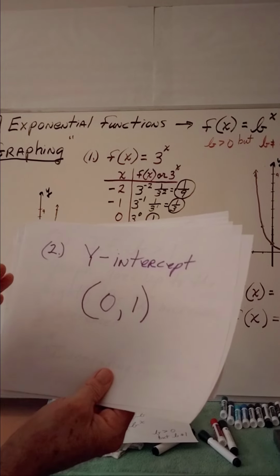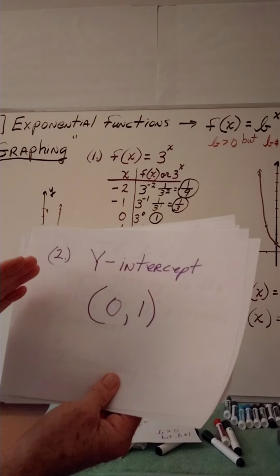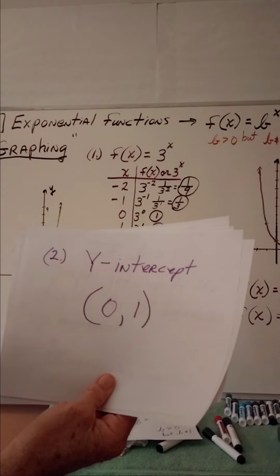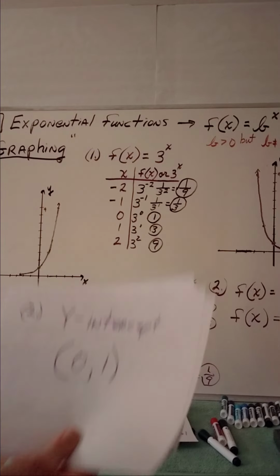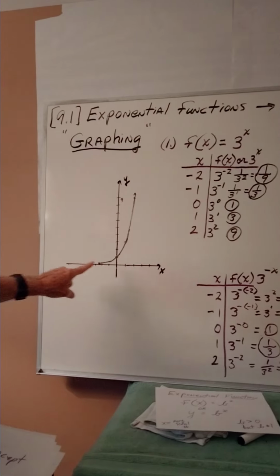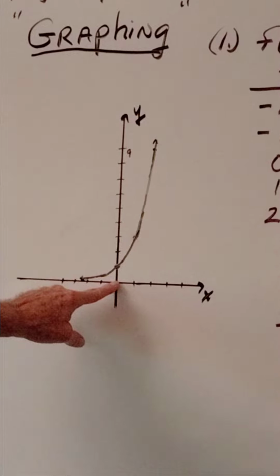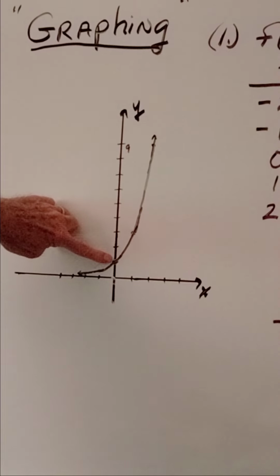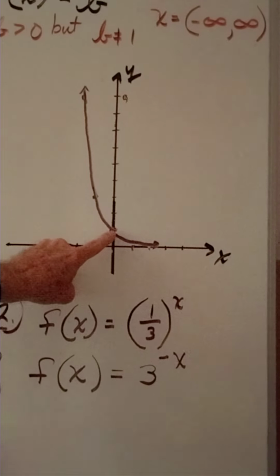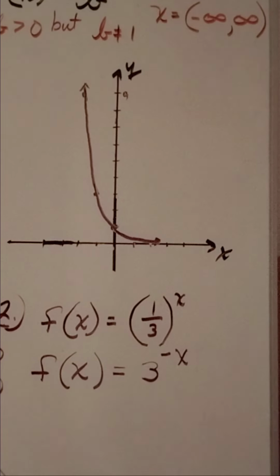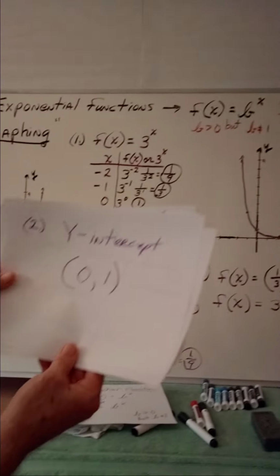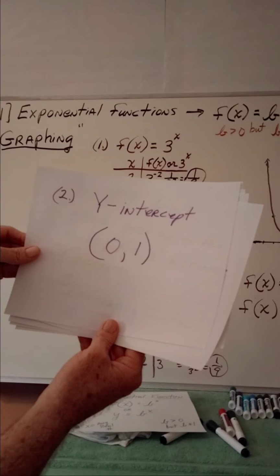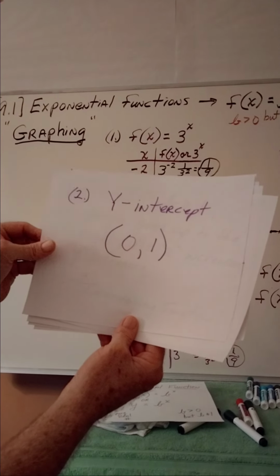In other words, the y-intercept of all of these graphs will be (0, 1). That is a definitive characteristic. Y-intercept, (0, 1).